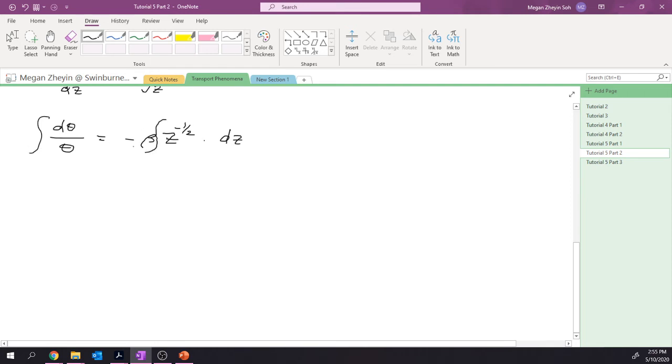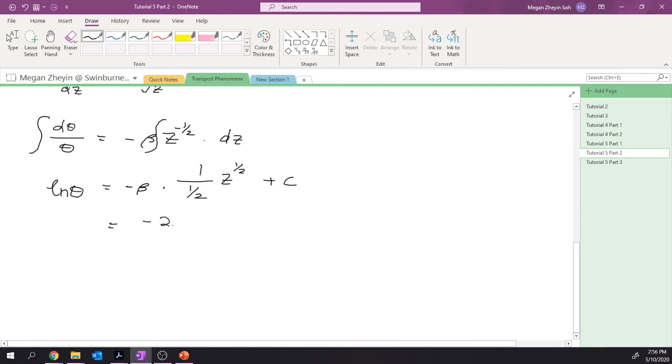Integrate theta, and integrate z. The integration gives us ln theta equals negative beta multiplied by z to the power of 1 over 2, divided by 1 over 2, plus c.